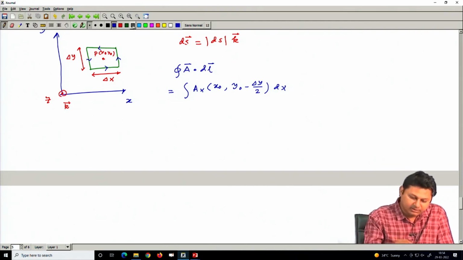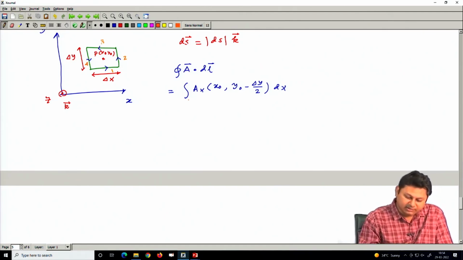So, let me write it 1, 2, 3, 4. This is my 1, this is my 2, this is my 3, and this is my 4. These 4 lines I need to integrate. So, this is line 1. Then I add the next one, and let us do that for 3. So, this is for line 3.